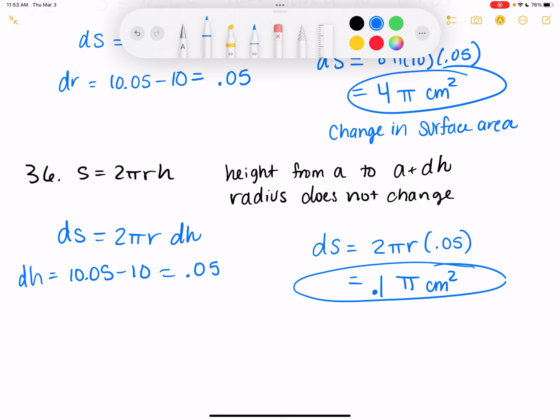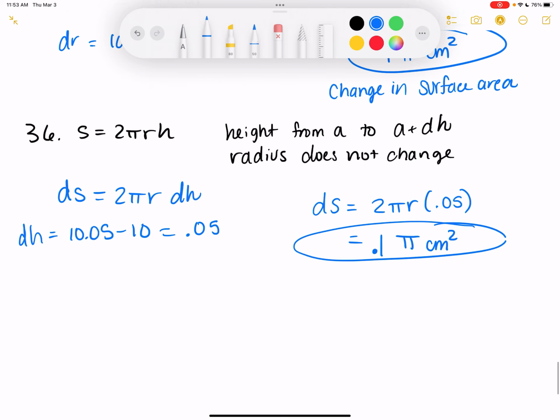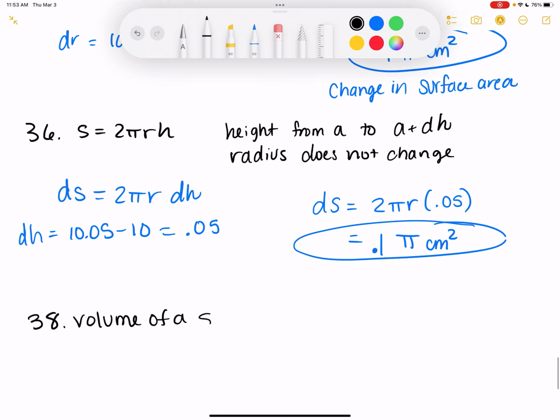So that's why we're going to 1 decimal place for these ones. So 38 says the volume of a sphere with radius 8 plus or minus 0.3 inches. This requires you to know a little bit of information. What is the volume of a sphere?